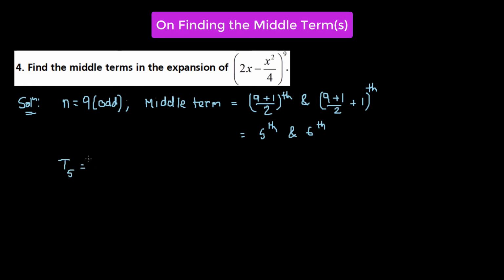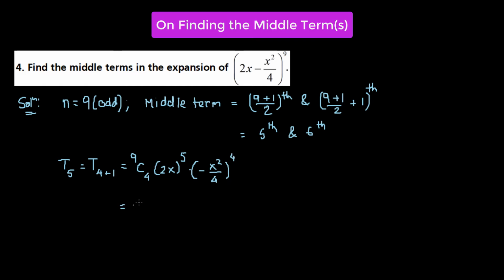So t5 is equal to t4 plus 1, which is equal to 9C4 times the first term, which is 2x raised to the power of 9 minus 4, that gives 5, times (negative x squared over 4) raised to the power 4.